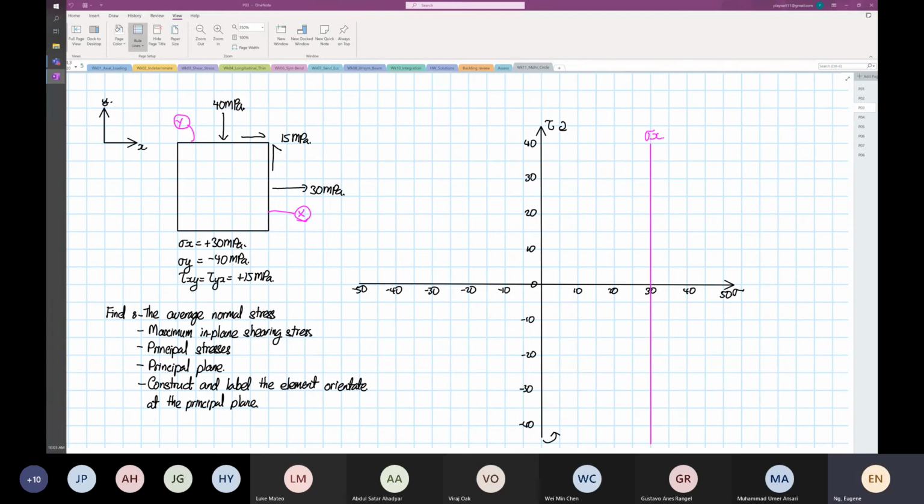That is our stress Y line. And then our shear is 15 megapascal. So 15, remember I told you, right? The magnitude don't mean anything at all in shear. So you have to draw both positive 15 and then negative 15.